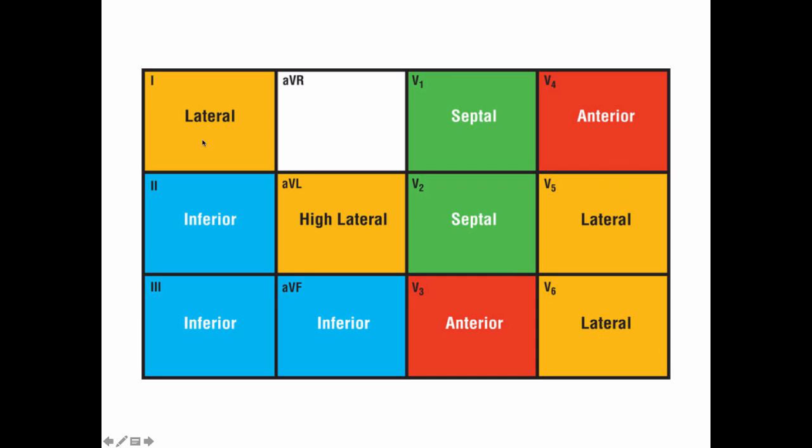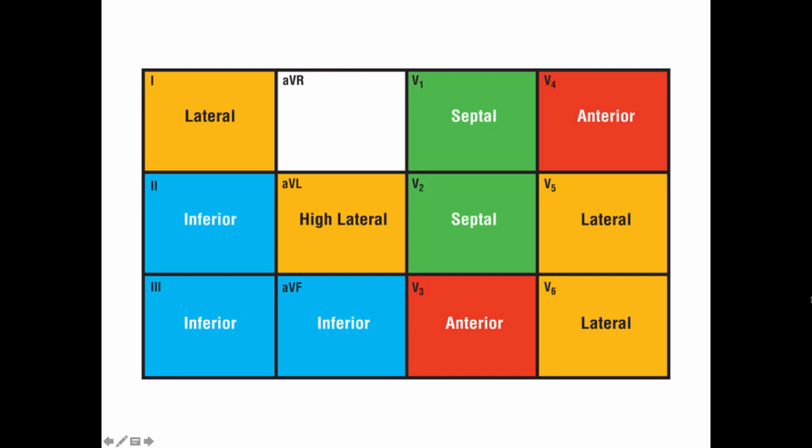And then we're going to scoop back around to lead 1 and AVL. Those are also lateral, but those are higher lateral views. So V5, V6 are lateral, but don't forget to look at lead 1, which is also lateral, and AVL, also lateral. And these lead 1, lead AVL are kind of these higher lateral, but still looking at the lateral wall of the left ventricle.